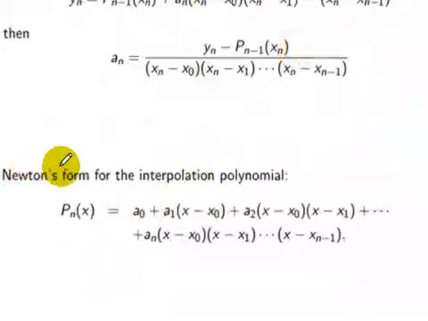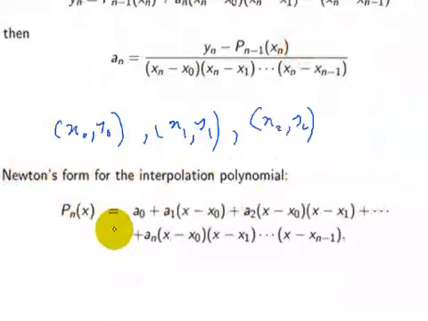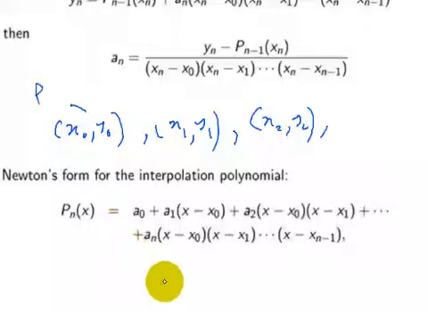Therefore, the Newton's form for the interpolation. Initially we had x0, y0, and then x1, y1. We recursively generate a polynomial for these. Now I add x2, y2. I keep adding new points, then I can generate p0, which is y0, right?